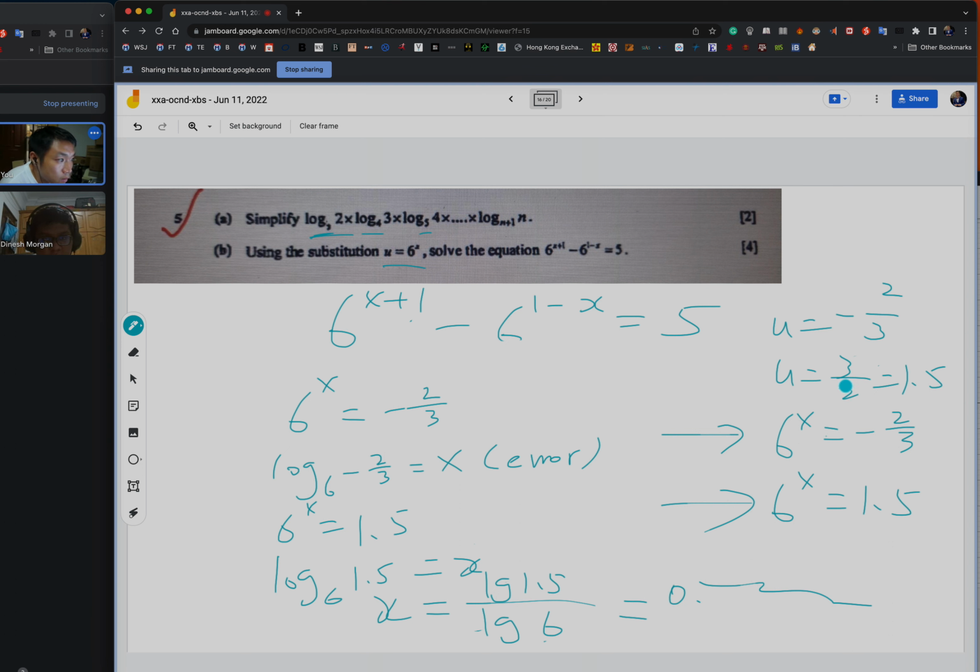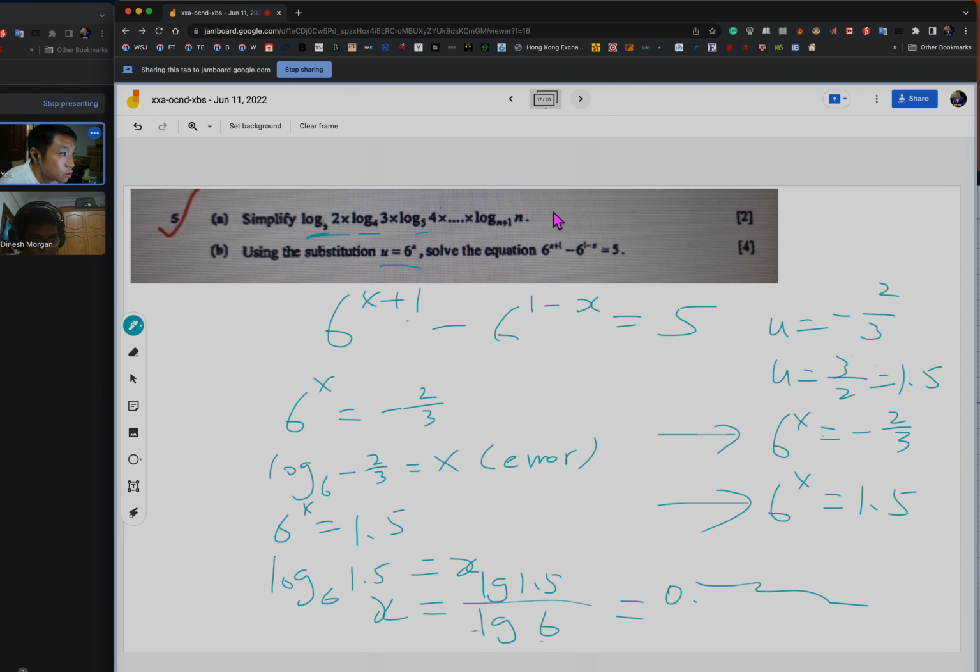Which one? Can you circle it? 5A. Never mind. This one is going to be this.